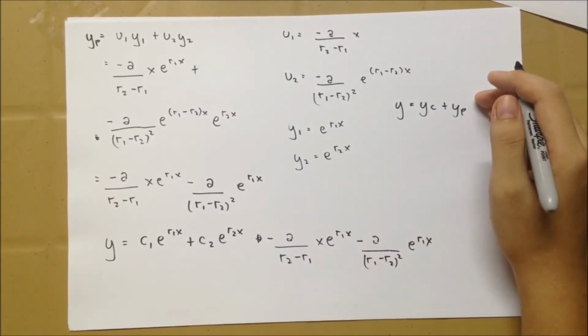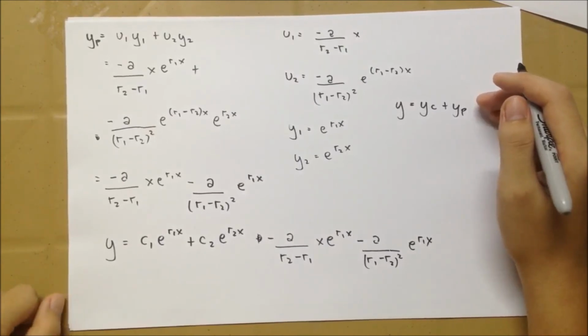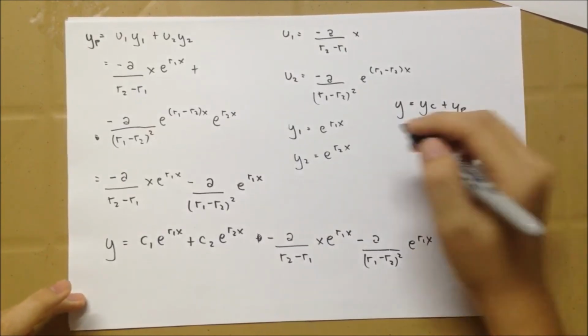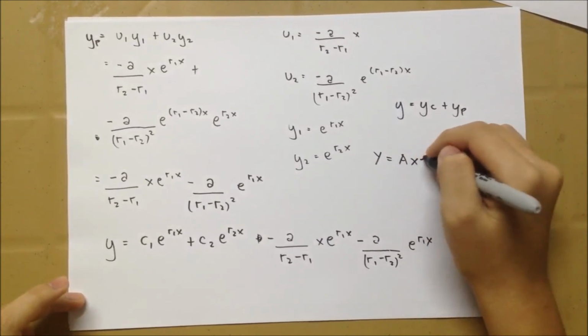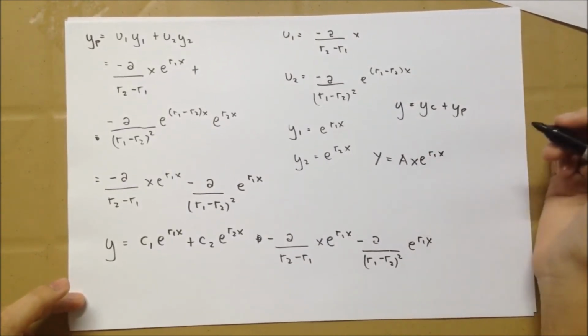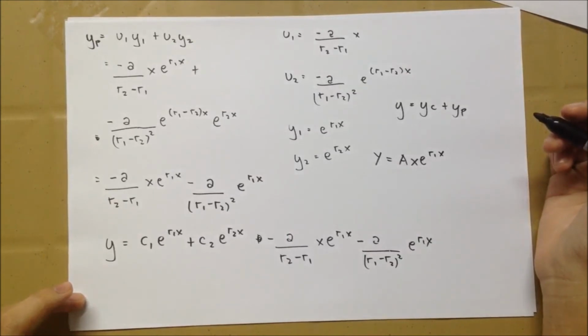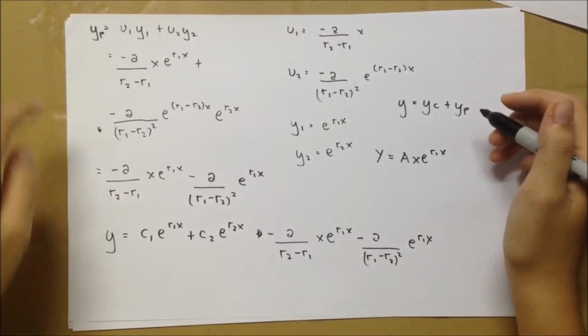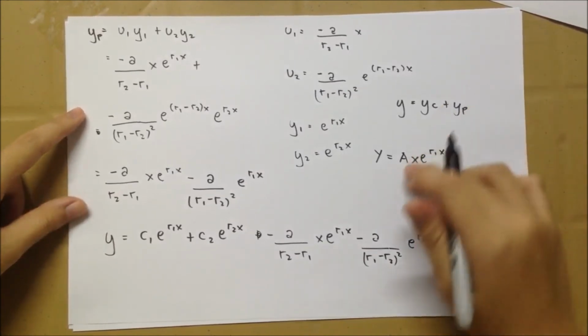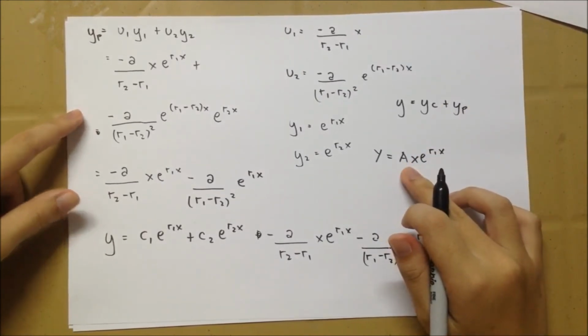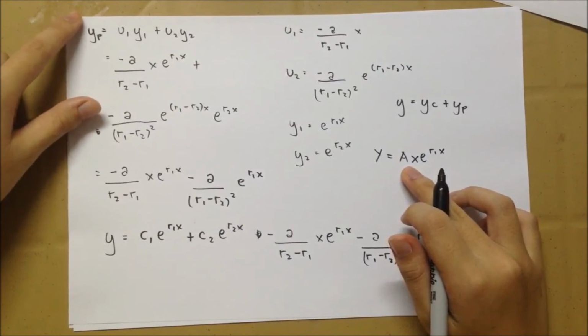And the problem states that we have to show that y equal to ax e to the r1x is one of the solutions of this differential equation, where our a can always be determined if our r1 is not equal to r2.